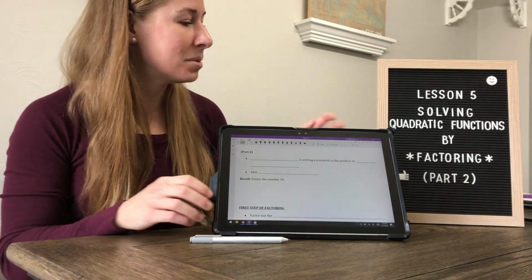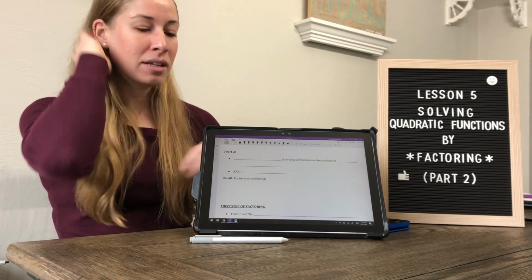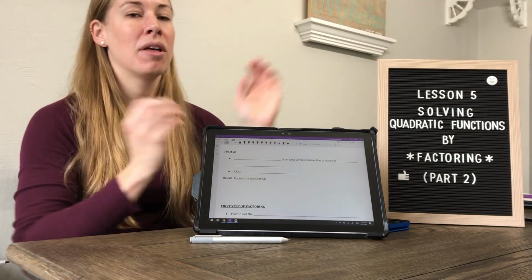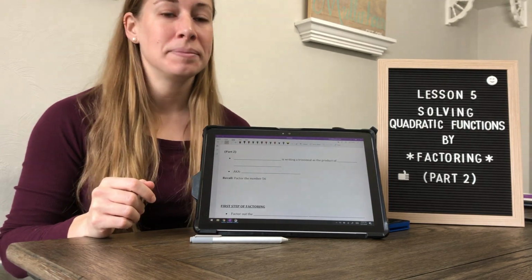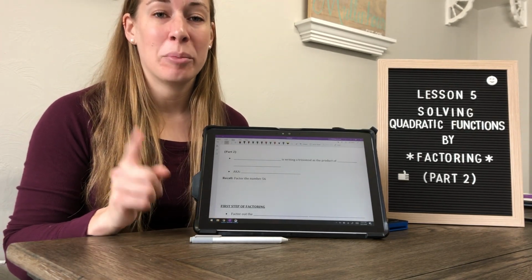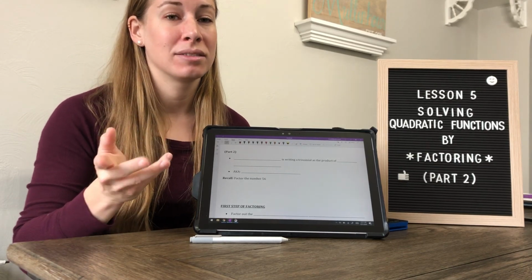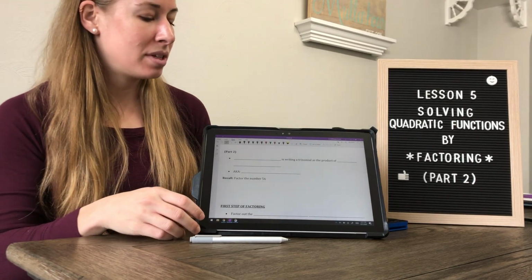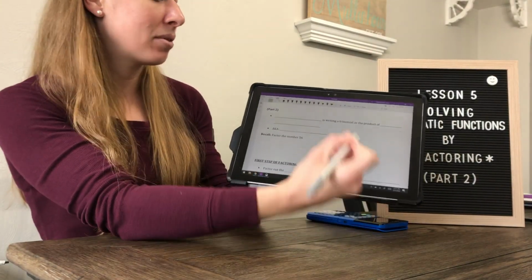So today we are doing factoring part 2, and this will become the most important part of factoring. So this is a pretty important lesson. 2nd through 5th period we did this already, but it's not a bad idea to have a refresher because it's basically the most important part of factoring. So today what we're going to do is factor, and that's the main word there.